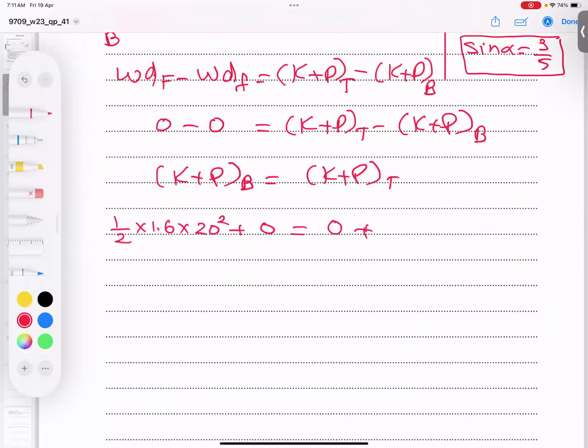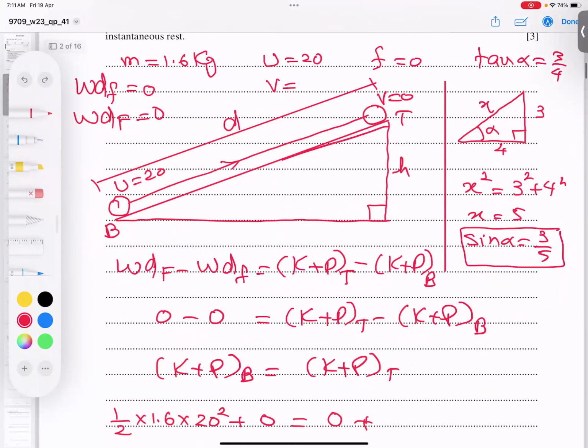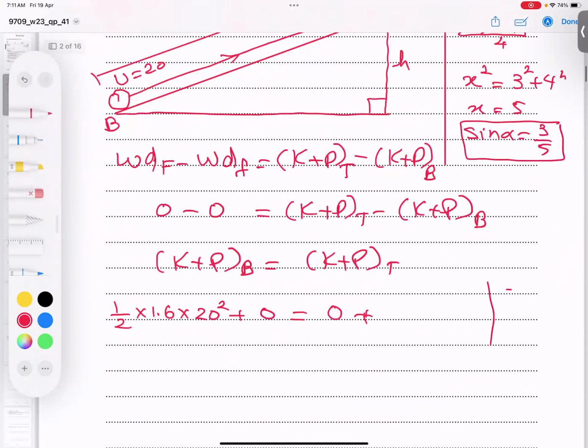Now, the interesting part, only one part. What is the potential energy at the top? mgh, and this h I need to find. So using this triangle, I will find it. How? Opposite by hypotenuse equals sine theta. Opposite is unknown, the hypotenuse is distance d, and the angle is alpha, sine alpha, and sine alpha is 3/5.